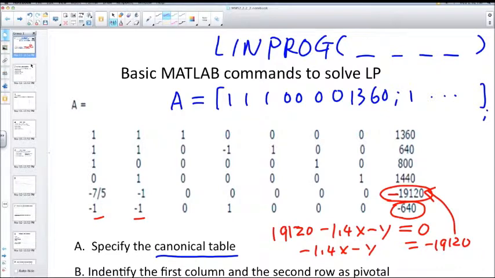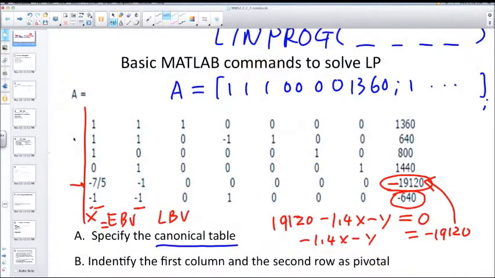Once you get this step, you need to use your understanding to find the next pivot element, the entering base variable and the leaving base variable. So how do you identify them from the table? See, you can select the X because this is a tie, but this is smaller. Then X is going to be the entering base variable.